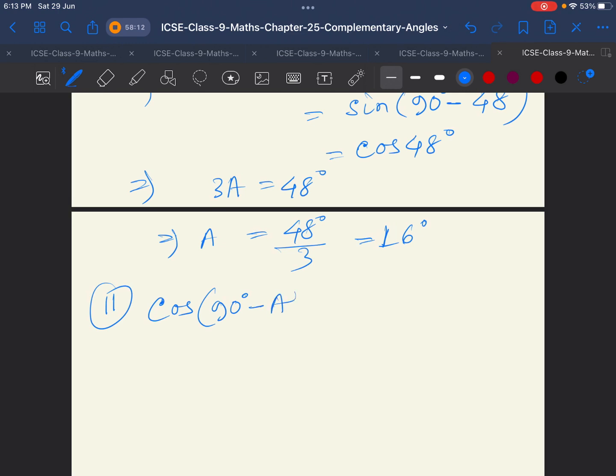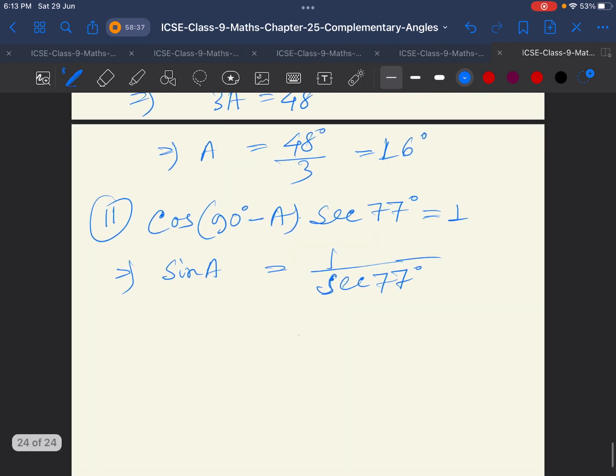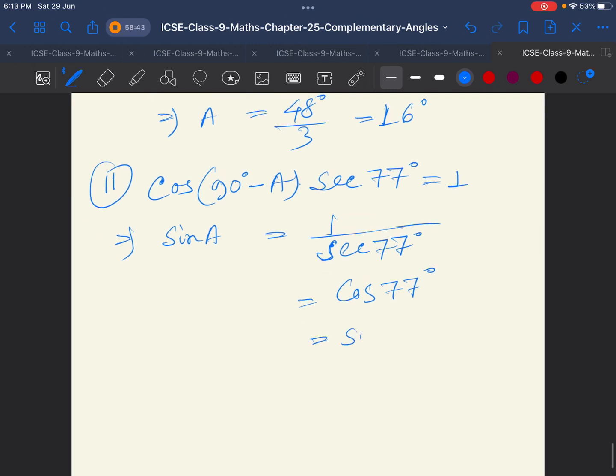Now question number 2. Cos of 90 minus A into sec of 77 degree equals 1. This implies we can write this term as sine A. Shifting sec 77 to the right hand side, we get 1 by sec of 77 degree, which is cos of 77.